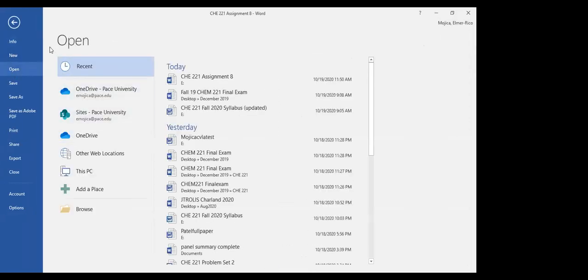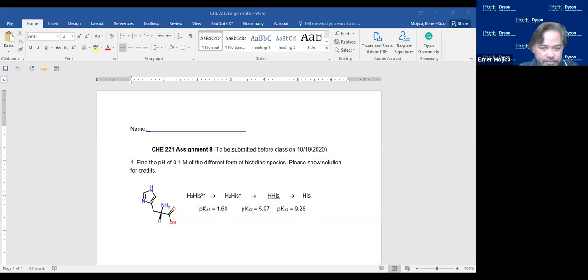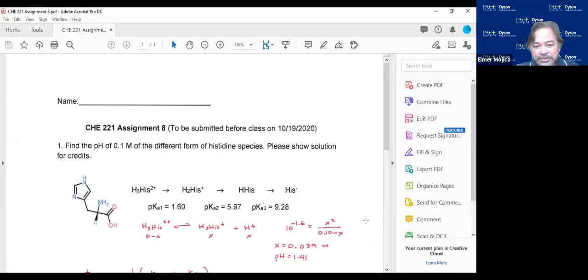That's the assignment. So the way we have it here, you are asked at what pH you will see, or what's the pH of, the different forms of the histidine species.